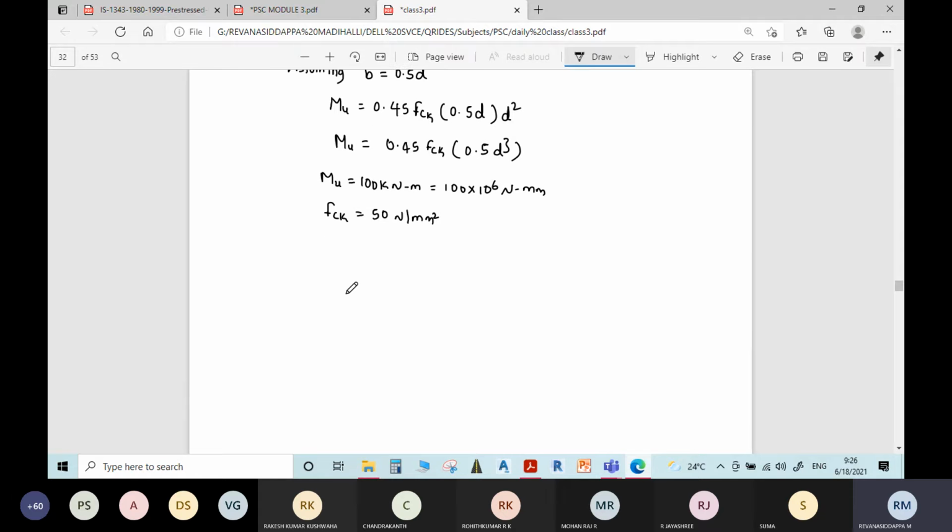Now you substitute fck and Mu, you will get effective depth required. Therefore 100 into 10 power 6 is equal to 0.14 into 50 into 0.5 d cube. So d cube is equal to how much?